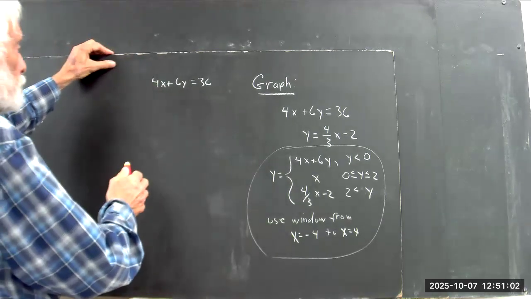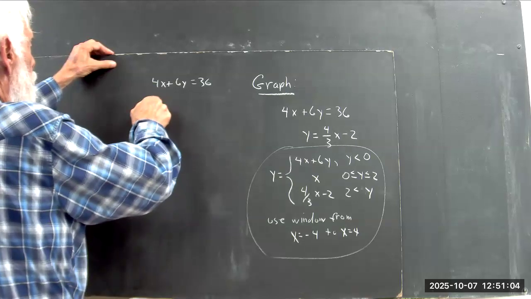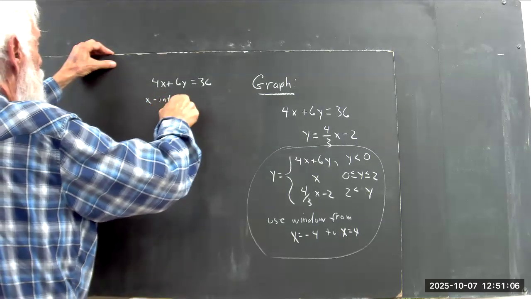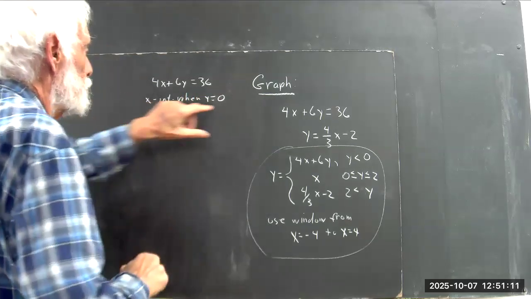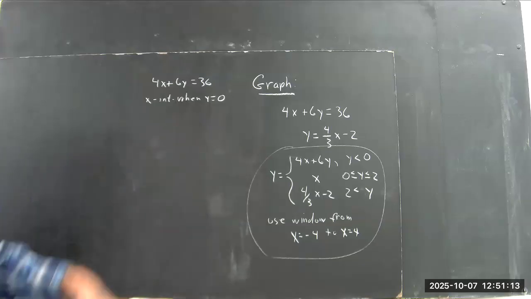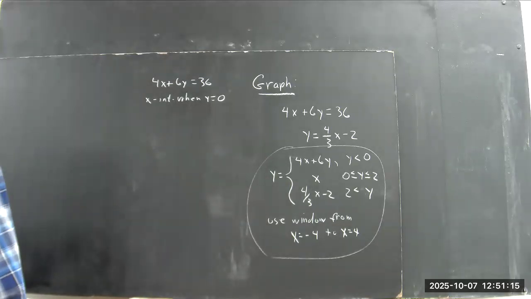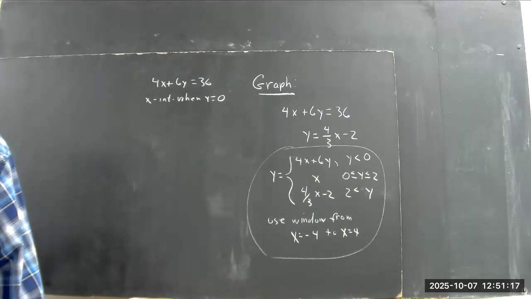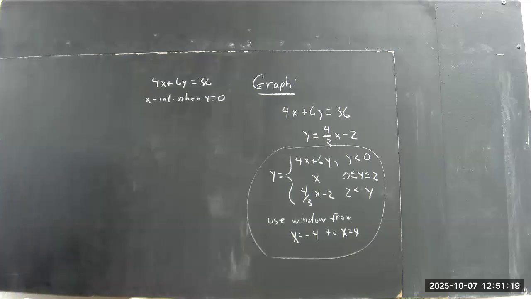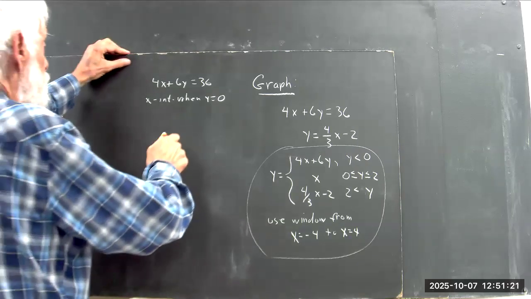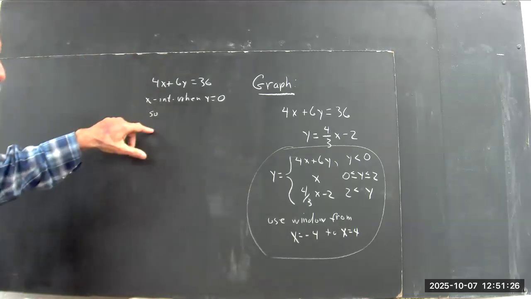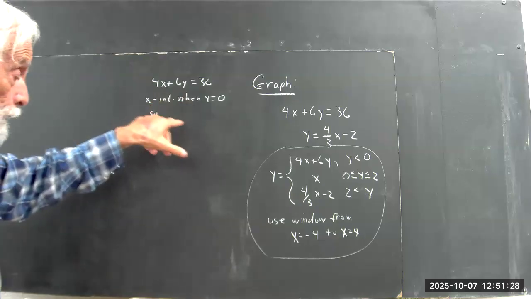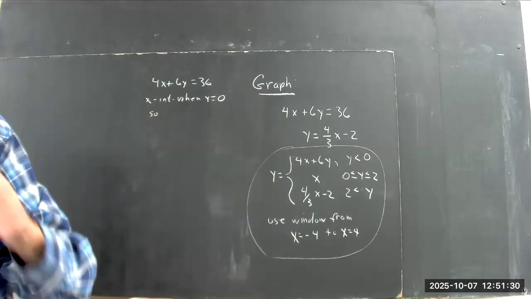What we do here is we say, okay, we write this statement down, x-intercept when y equals 0. It takes about 8 seconds to write it down and reinforces the first thing you do. The "so" is optional. I think it's a good idea because you understand the flow of the ideas and the concepts.